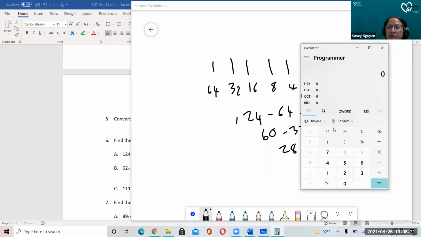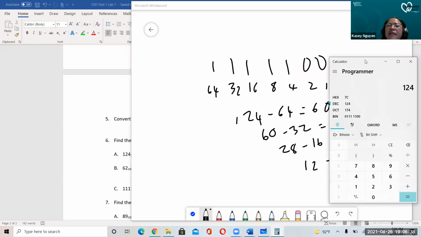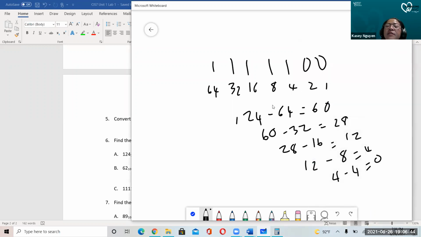Oh, I'm off. I was like, why is that not right? I gotta make sure that I select 124. Sorry. Okay. So now what we're gonna do is group them by 3 after we convert it into binary.